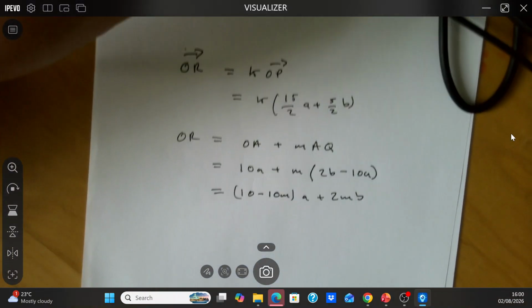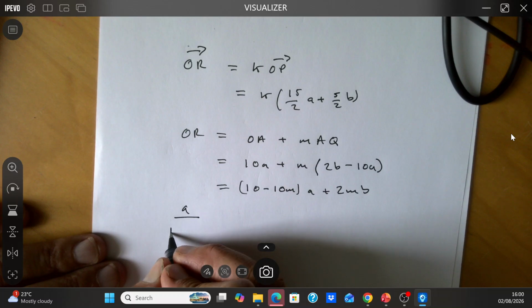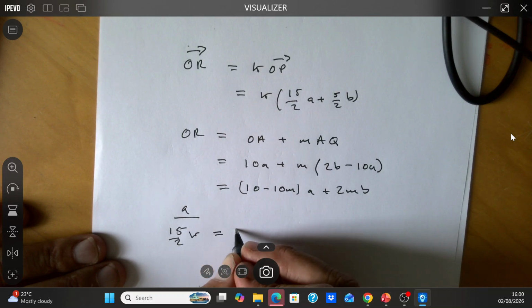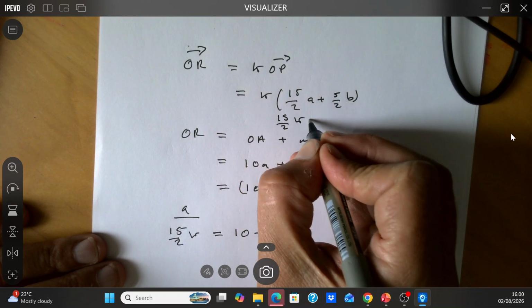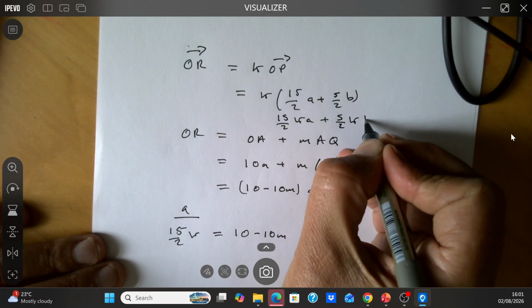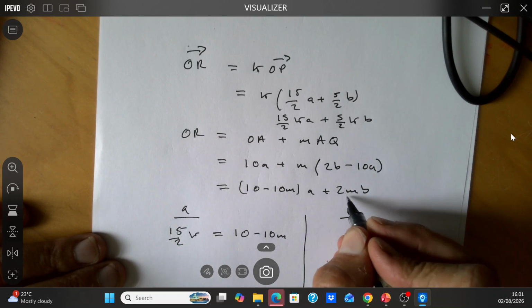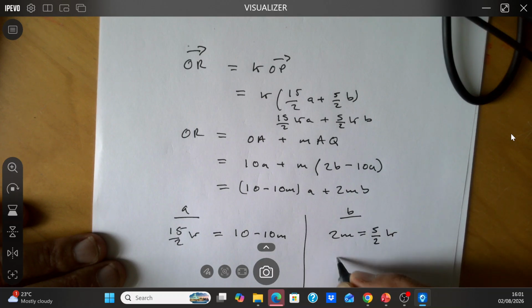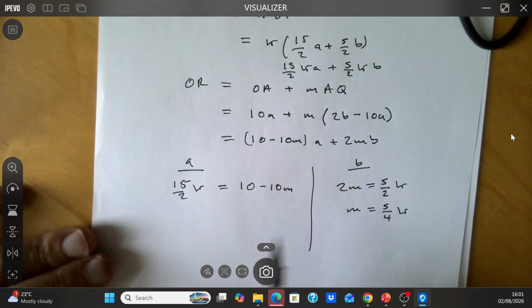Right, so we need to compare our a coefficients and our b coefficients. I'm just going to write a's here. So 15 over 2k must be the same as 10 minus 10m. Sorry, that would have been clearer, wouldn't it? Now if we look at our b coefficients, 2m must be the same as 5 over 2k. This tells me m is 5 over 4k. Now I'm going to substitute that into that.